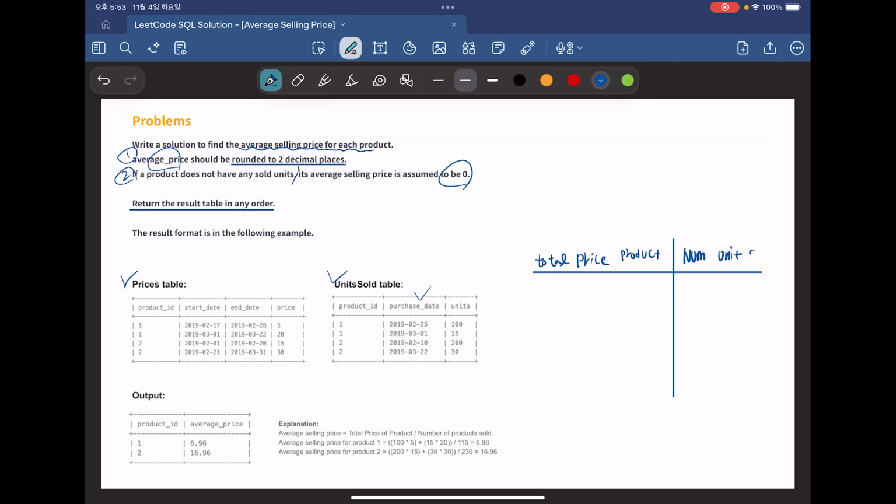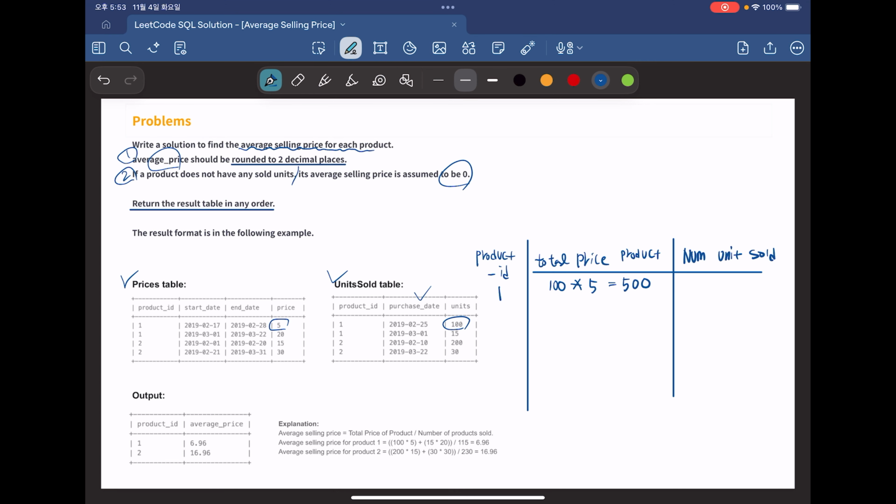For example, for product ID 1, the total price of the product is, as you can see, 5 multiplied by 100. So we can write 100 times 5, and it will be 500.